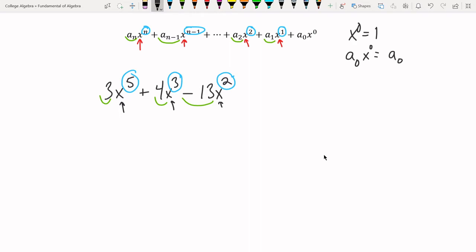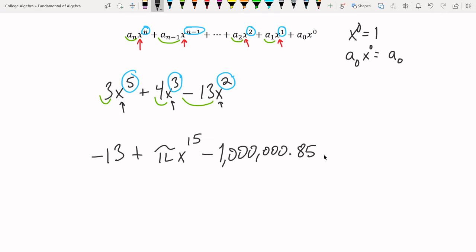You can also have polynomials like this, negative 13 plus pi x to the 15 minus 1,000,000.856 x to the 3.